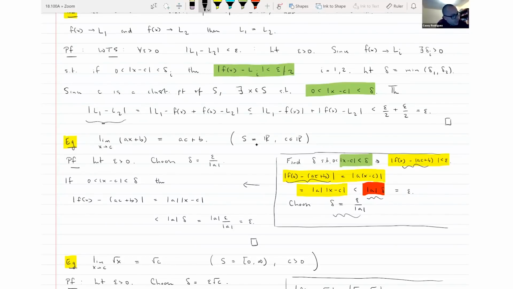So in the last step, I have the absolute value of a times delta, and I want that to be less than epsilon, so I could have chosen delta to be less than or equal to epsilon over a. So any delta like that would have worked. I could have put delta to be epsilon over 2a. That still would have worked, or 3a, okay?